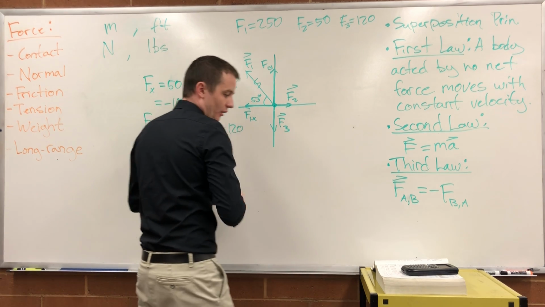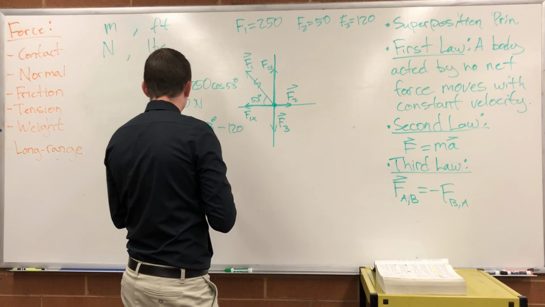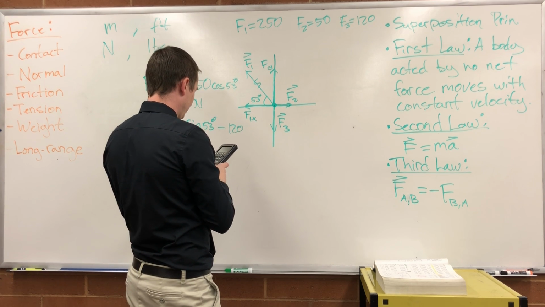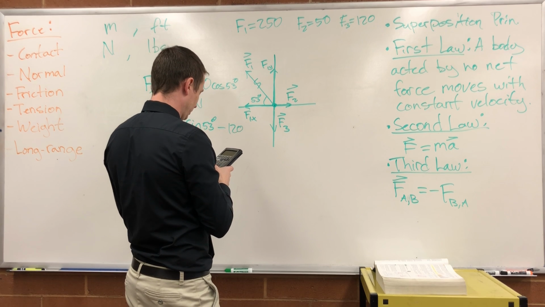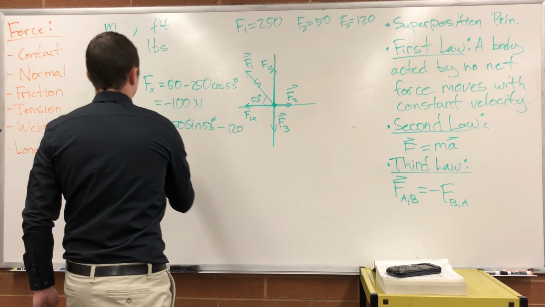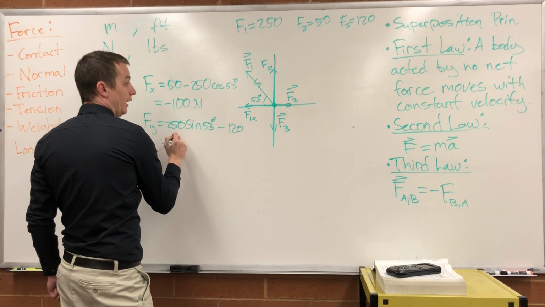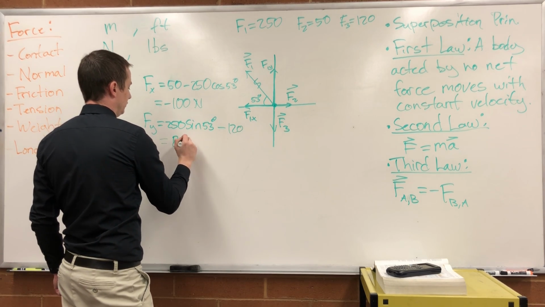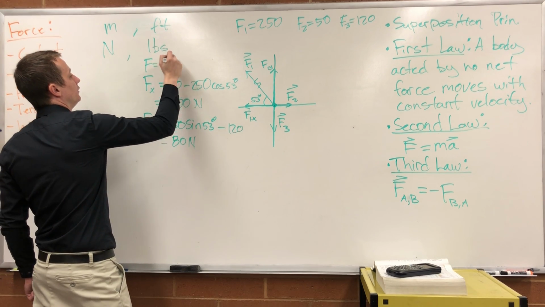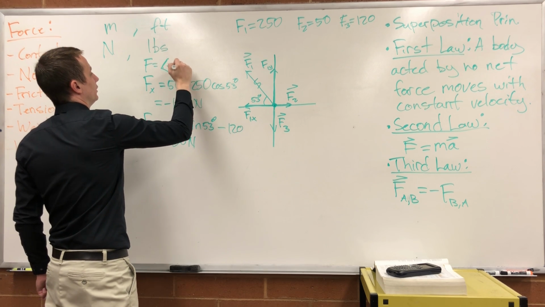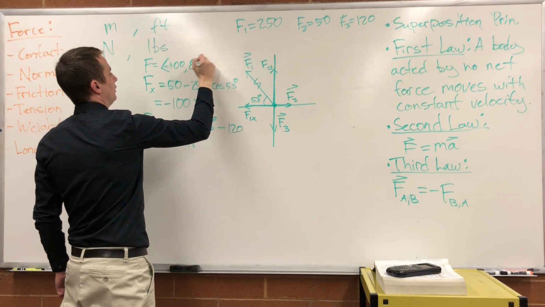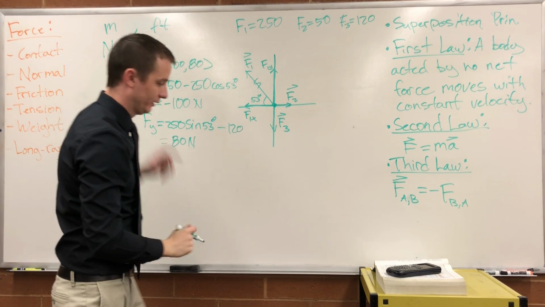So in the y direction, we have 250 sine of 53 degrees minus 120, which gives us 80. And that is going to be up. So the net force vector, F, is going to be minus 100, 80. I think they just want Fx and Fy.